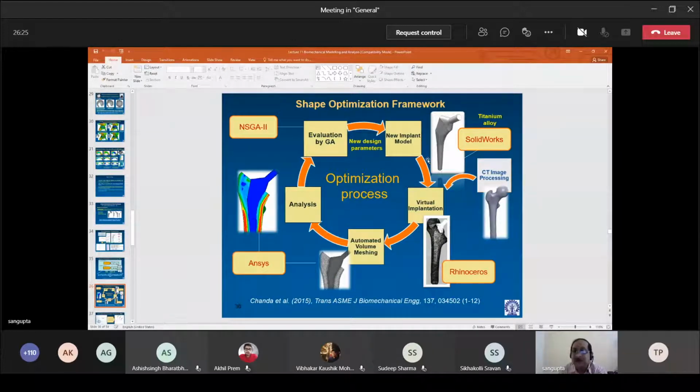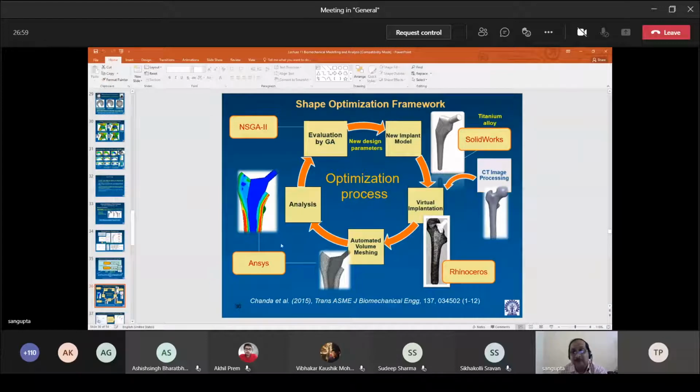Okay, you look at the whole scheme. We start with the CT scan. We keep the CT scan image constant for particular patients, so CT image processing. From the CT image processing, you can actually do virtual implantation using Rhinoceros. So this was virtually implanted. Then automated volume meshing. Then we apply the loads, do the static analysis.